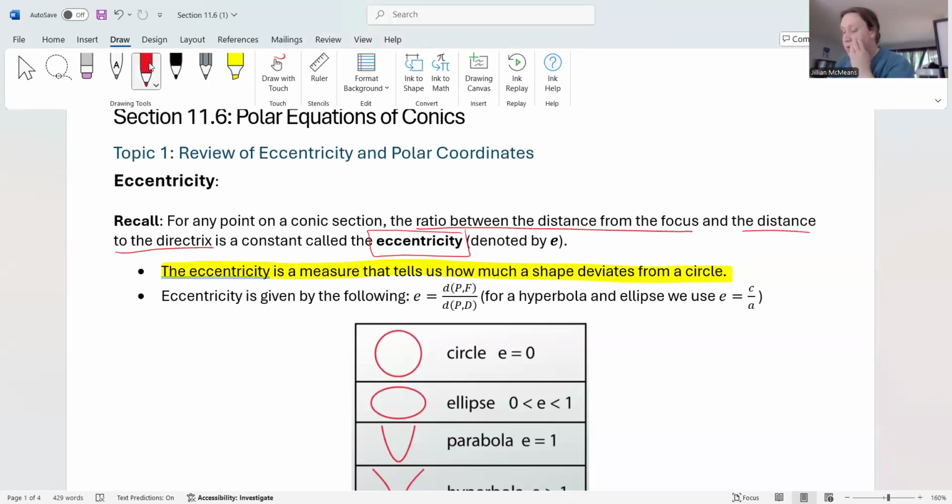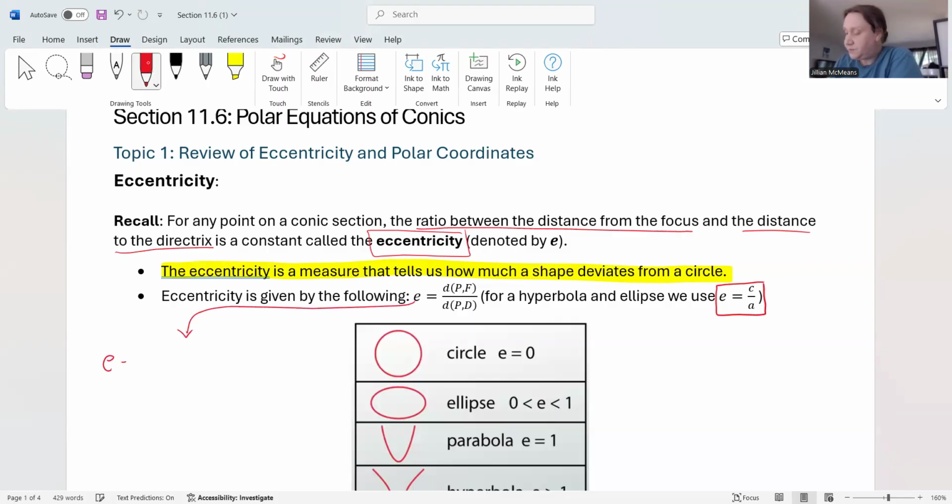When we talk about the eccentricity very specifically for a hyperbola and an ellipse, we could use this formula right here to calculate the eccentricity. We did this a little bit in the previous sections where we talked about the ellipse and the hyperbola. Let me write it over here.